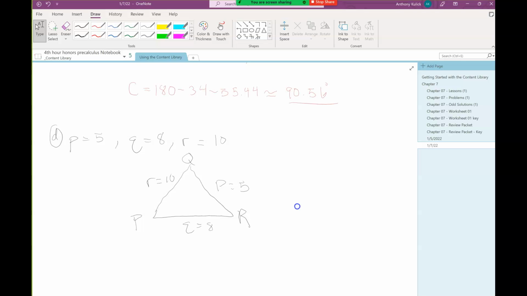So which situation is this? Side, side, side. So that's a law of cosine situation. However, before we go diving into the law of cosines, we have to make sure we check something first. We have to make sure that it's even possible to have a triangle with these dimensions.